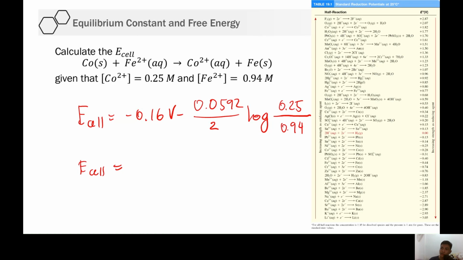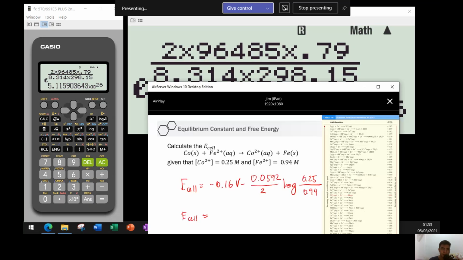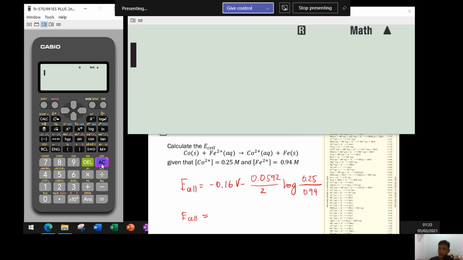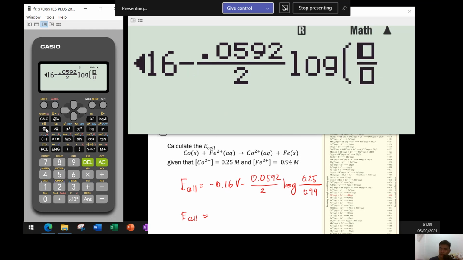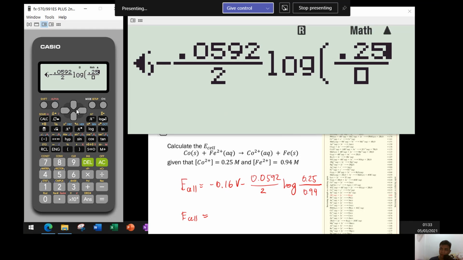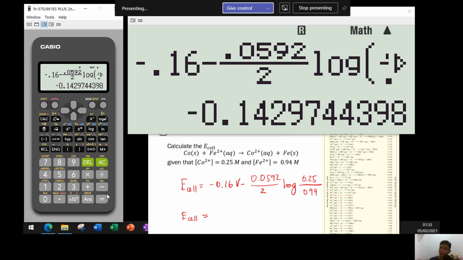Allow me to show you how to plug this into your calculator. Let me erase this. We type in first the E naught cell minus 0.0592 over 2 followed by log. On the numerator we have 0.25 and on the denominator we have 0.94.